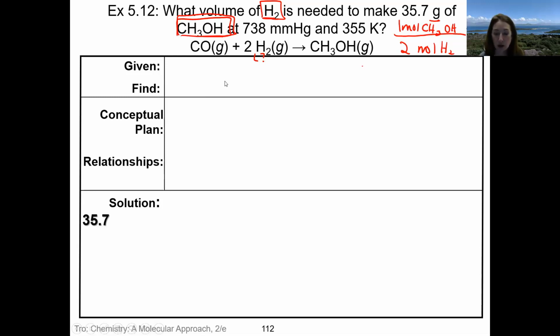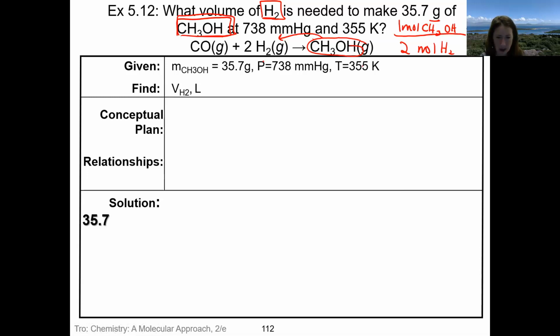Okay, so where do we start here? So here's what we're given. So we are given information about the CH3OH, but they're asking for hydrogen, right? So we want to go from one to the other. Okay, so that means we need to do a mole ratio.